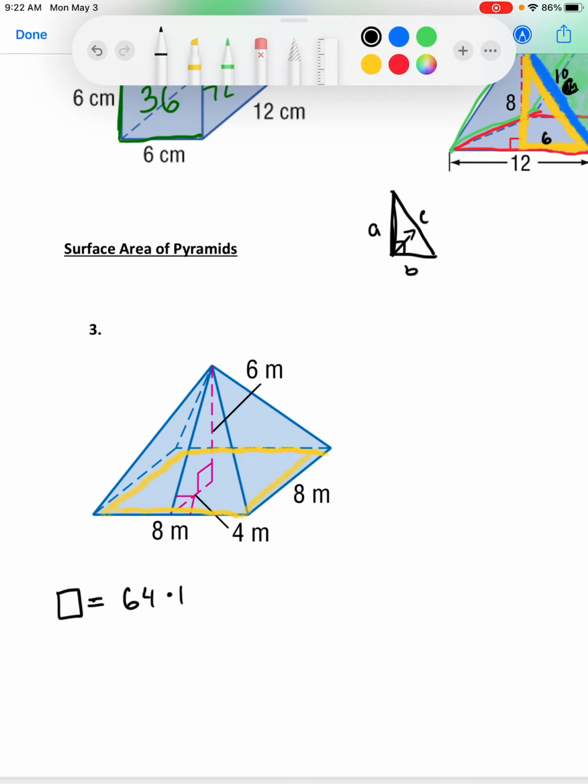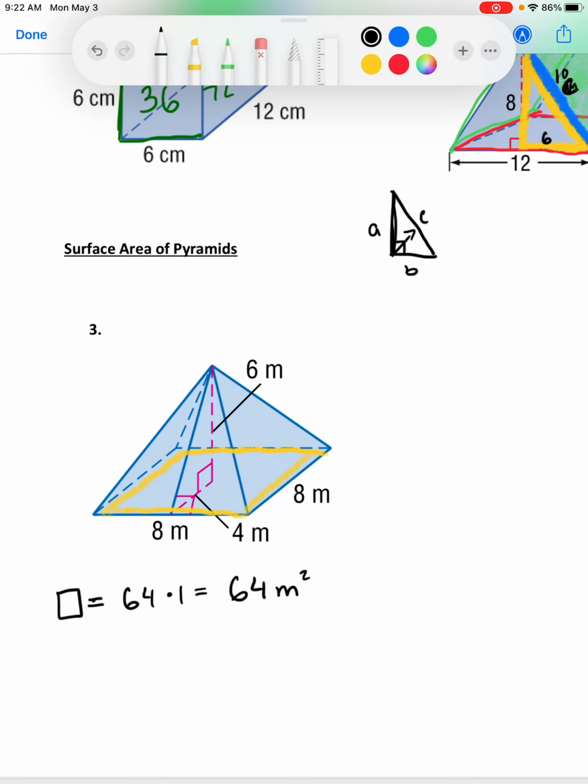And there's only one of them, so I'm going to multiply it times 1, which is a totally unnecessary step, but I'm just trying to do the same thing every time in hopes that it will help you all. So 64 meters squared.